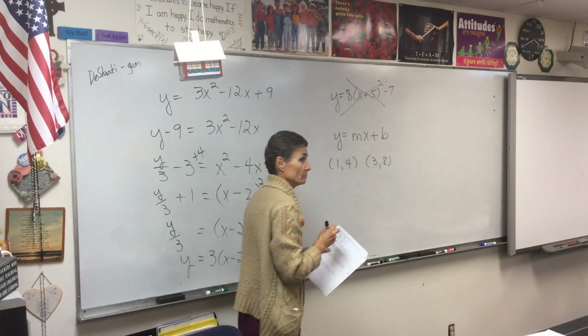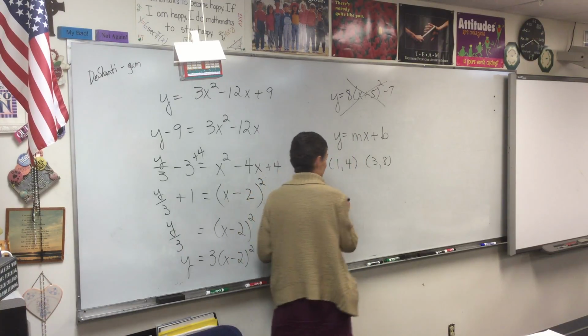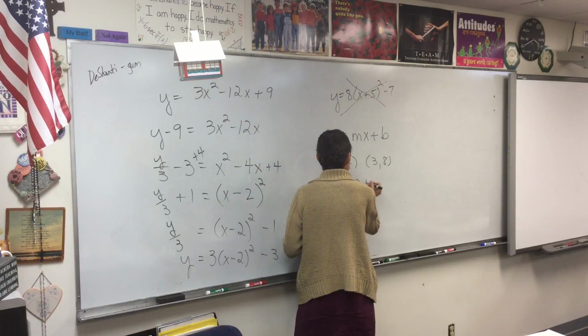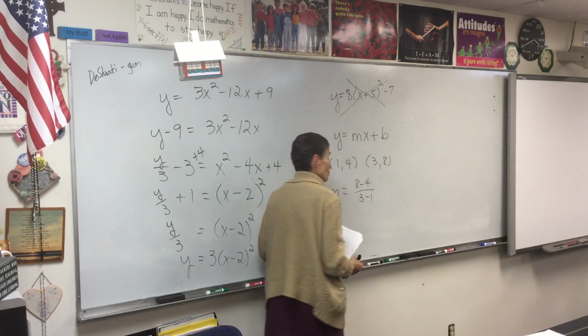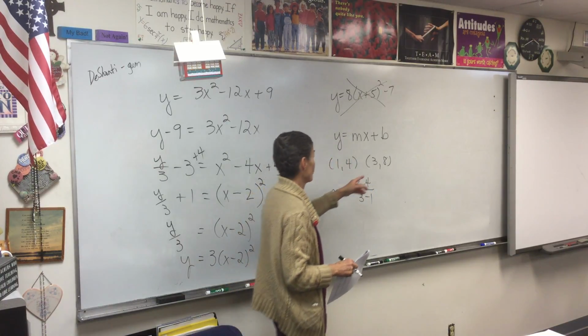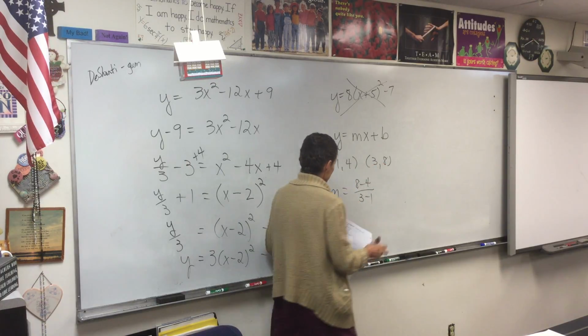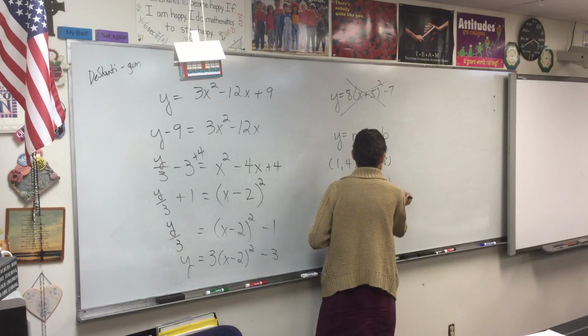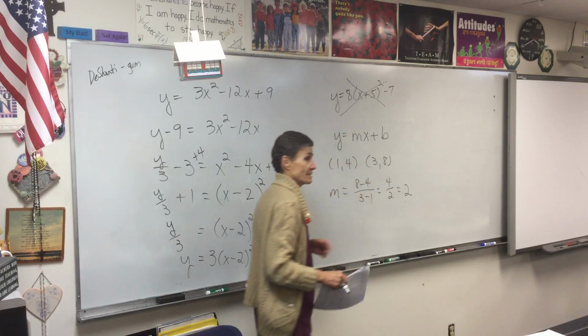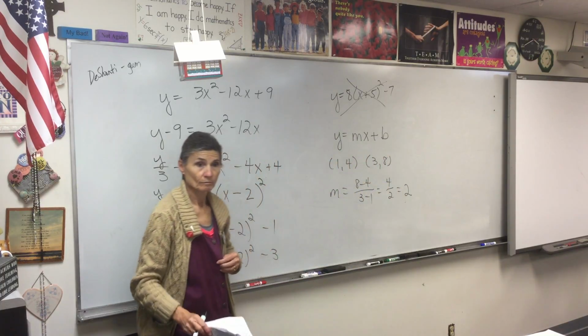What do I do? I find the slope. So m equals 8 minus 4 over 3 minus 1, and we're going to do that in the right order. 8 minus 4, 3 minus 1. So what does that work out to be? 2. So my slope is 2.